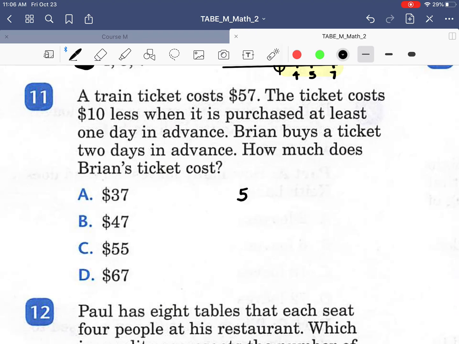Well, if it's $57 and you get the discount, that means that he paid $47 for the ticket. Don't overthink these. Some of them really are just basic math. Some of them are not basic math. But if you can get by with basic math, go with that.